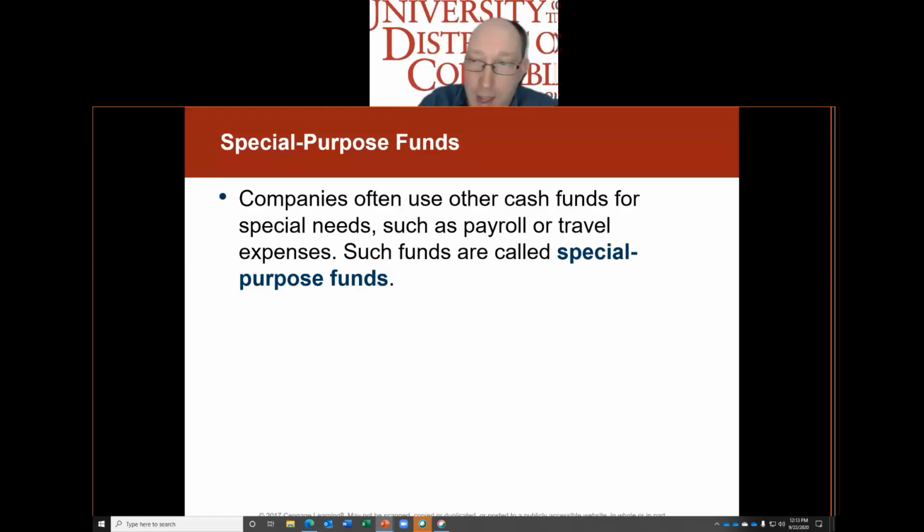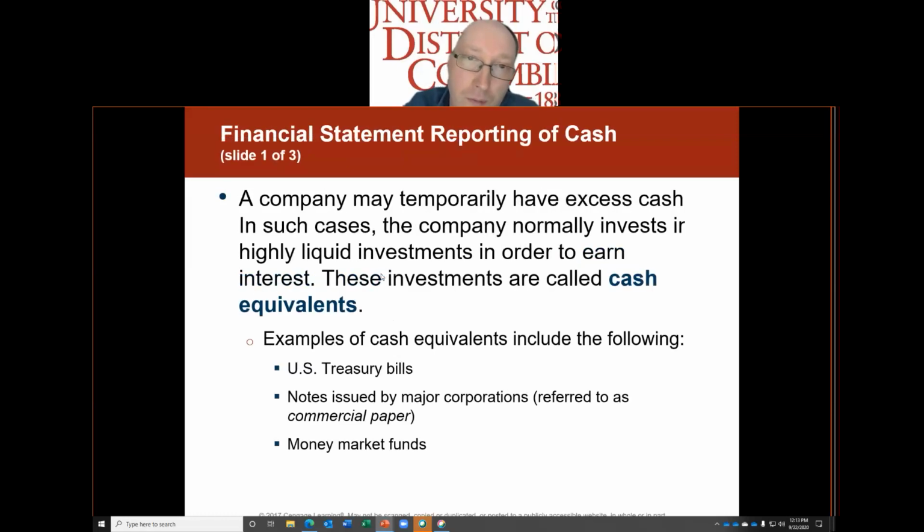But sometimes the business might be short on cash, right? And so they need to allocate cash that was used for something else to pay for payroll or travel expenses. When that happens, we repurpose that cash and we call it special purpose funds. It's rare, but it does happen.